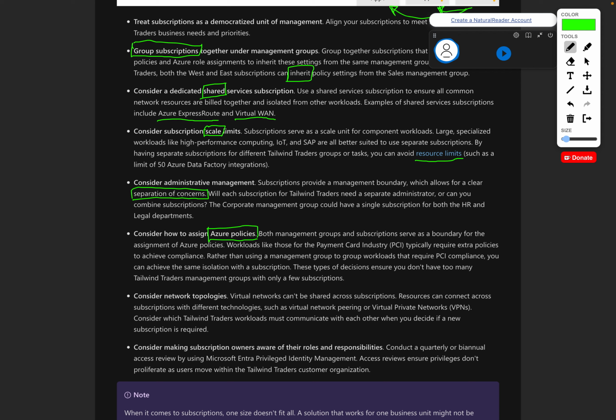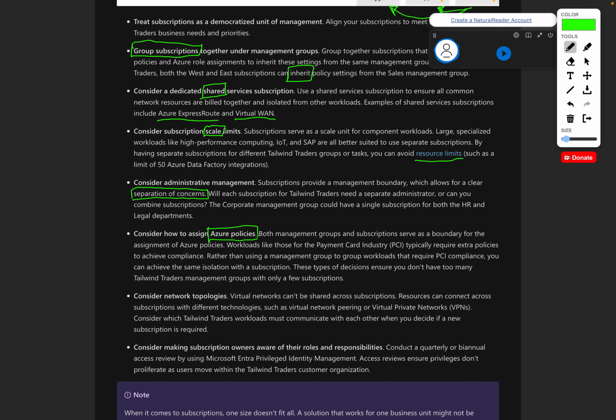All right, so this part is essentially trying to say that we have to find a sweet spot between multiple subscriptions and multiple management groups. If we create a lot of management groups, then it can get out of hand quickly. Similarly, if we create a lot of subscriptions, then again, the management would be difficult.